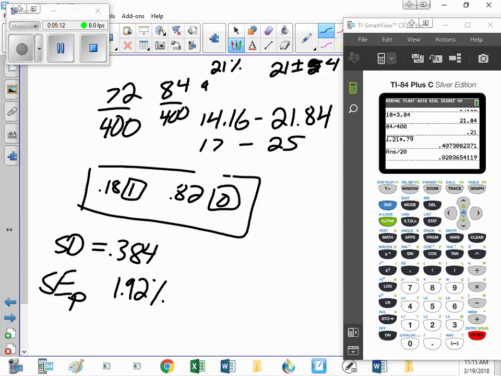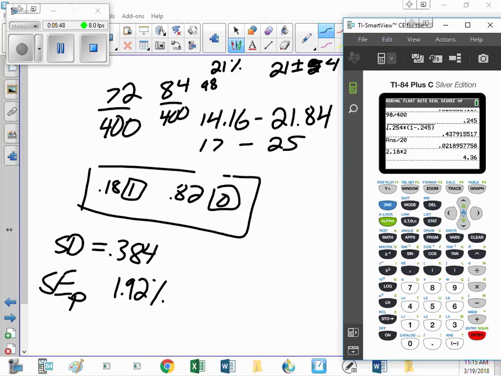And the next one was 98. 98 over 400 is 24.5. So I take the square root of 0.245 times 1 minus 0.245. And I get 0.437. Divide that by the square root of 400. And I get 2.18. 2.18 times 2 is 4.36.